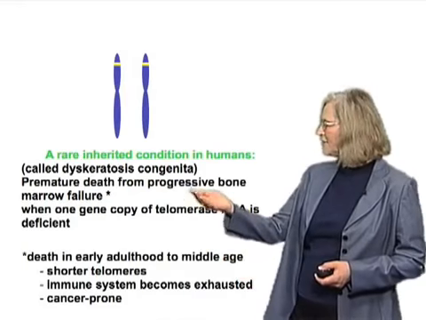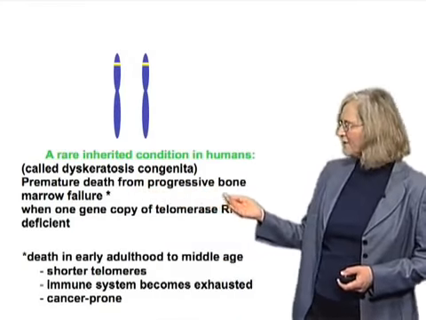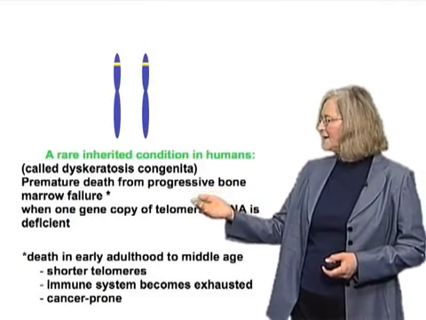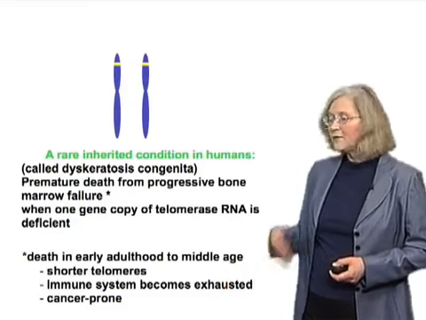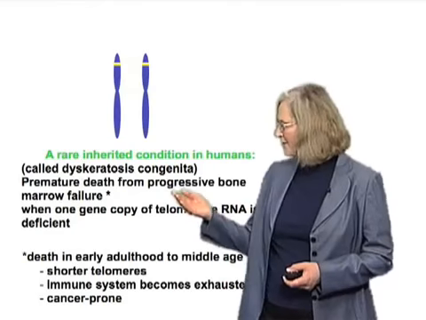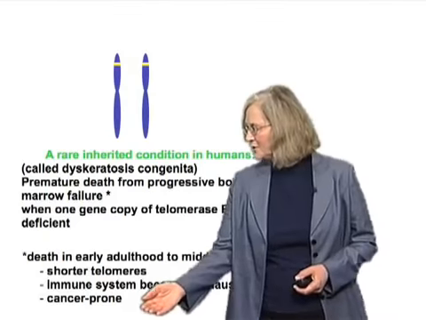As I said, the progressive bone marrow failure is the primary cause of much of the death. The immune system then cannot keep being replenished, which normally happens, of course, from cells in the bone marrow. Interestingly, such individuals are cancer-prone.